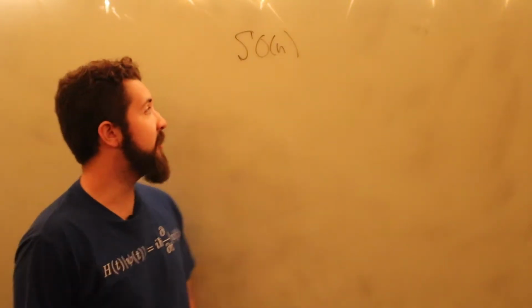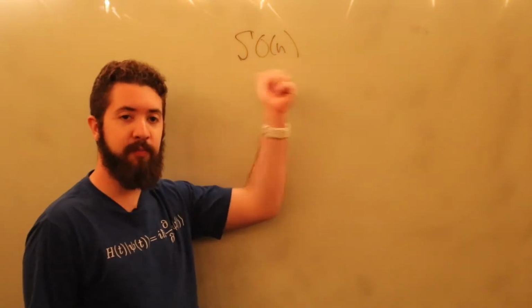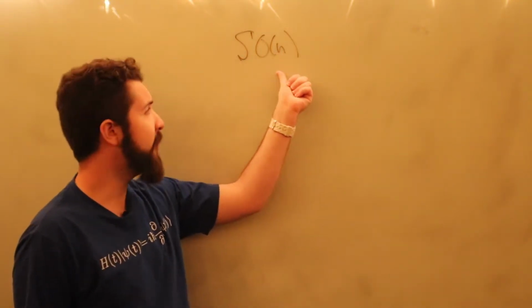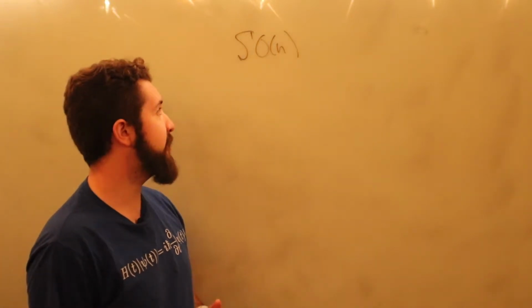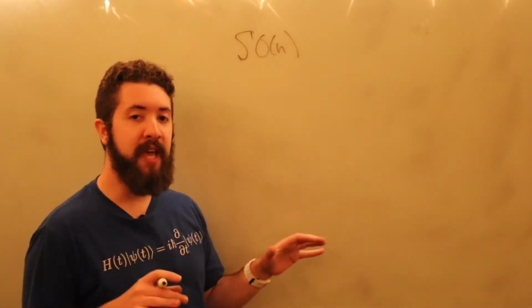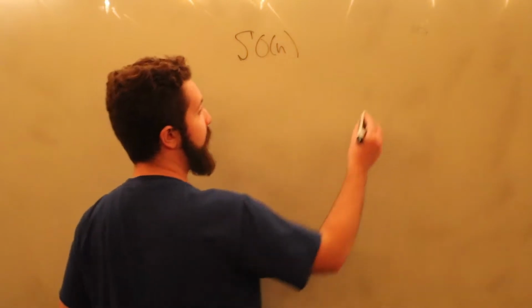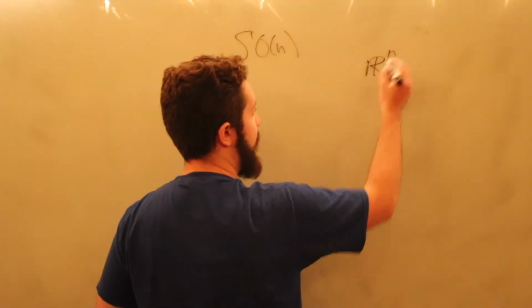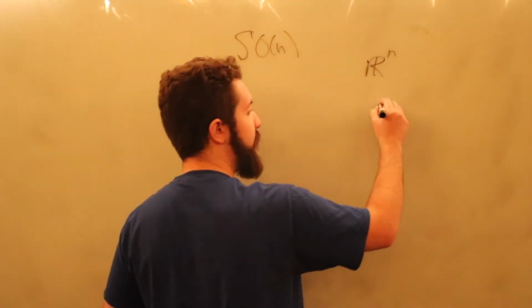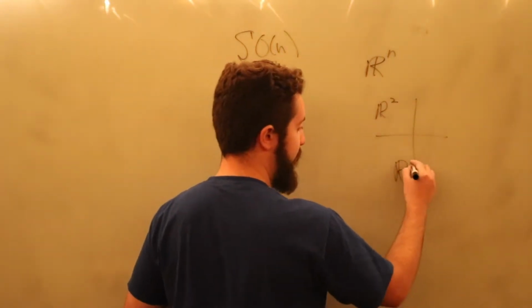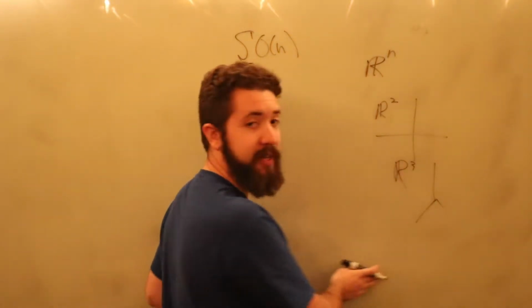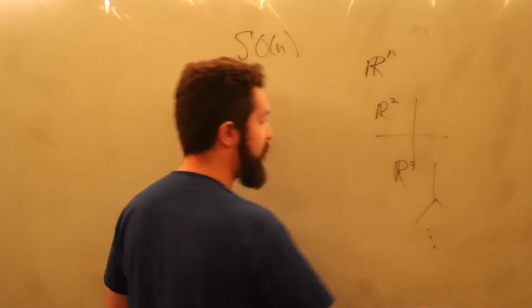So to talk about this, we have to talk about something called the special orthogonal group in n dimensions. You can think of it as the set of all rotations in n-dimensional space, or Rn, where R2 is just the plane. You have 2 axes. R3 is 3-dimensional space as we normally know it, and so on.